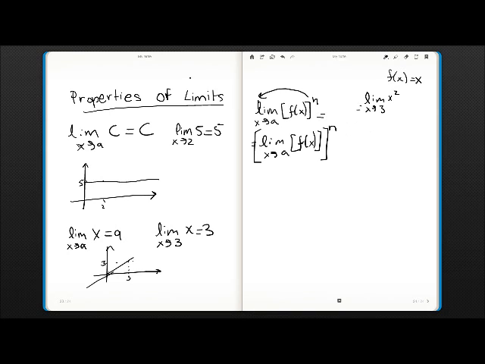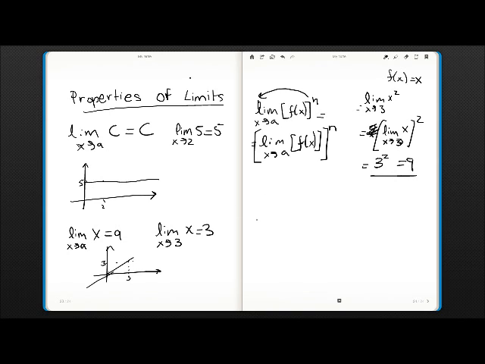We can simplify that using this property: the limit as x approaches 3 of x, to the power of 2, and we already solved for the limit over here. As x approaches 3, the limit of x is 3. So we know it's going to be 3 squared, which ends up equaling 9.